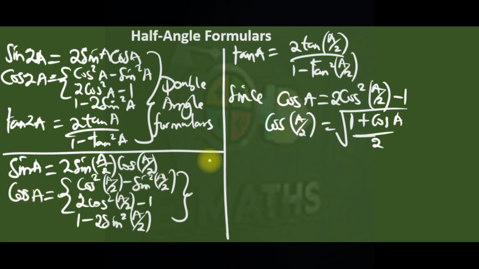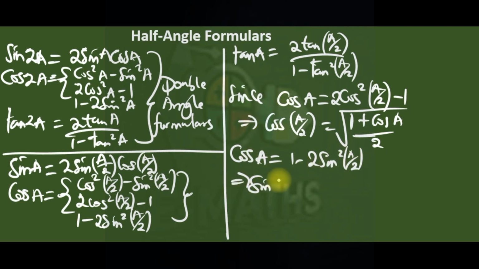Again, since cos A is 1 minus 2 sine squared half A, if I make sine A over 2 the subject of formula, it is now 1 minus cos A over 2, all in square root. So I'm going to use it here.